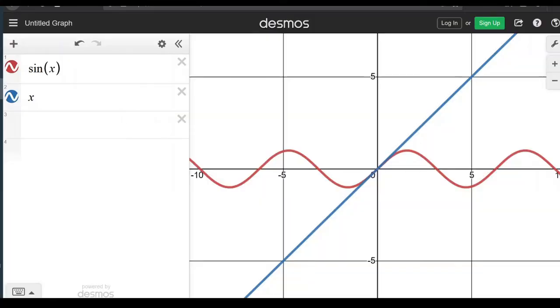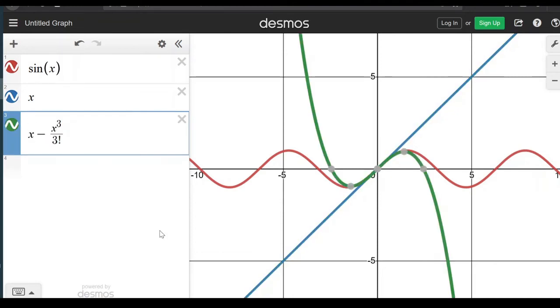Now, this approximation is pretty good in the vicinity of 0, but as soon as you start to stray beyond maybe x equals -1, x equals +1, the linear equation x and the sinusoidal function sine of x begin to deviate quite dramatically. So let's graph the third degree Taylor polynomial approximation to sine of x.